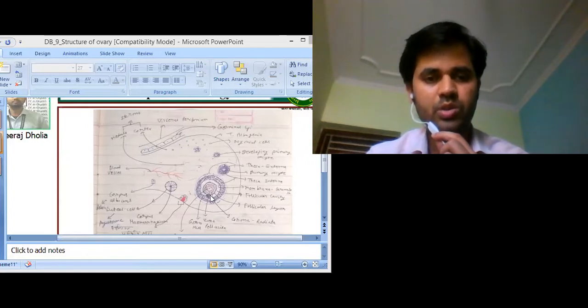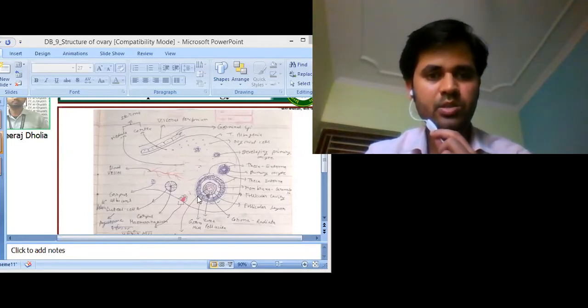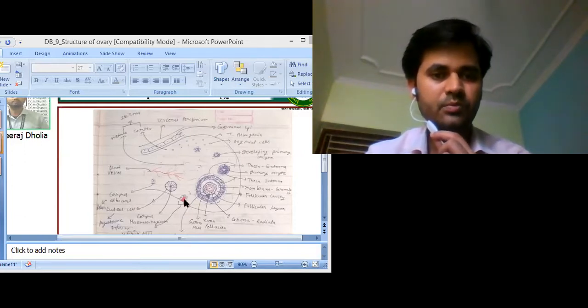In the ovulation process, the secondary oocyte along with a few membranes and layers is transferred into the fallopian tube. During ovulation, there is some damage to the blood vessels of the ovary, and the damaged blood vessels are converted into a clot, and that clot produces some hormones which are responsible for pregnancy and for normal menstruation.